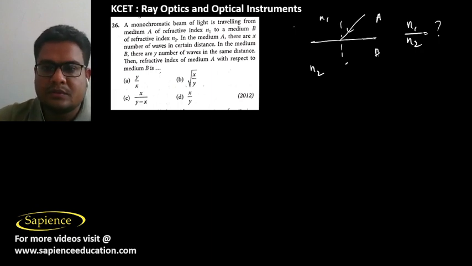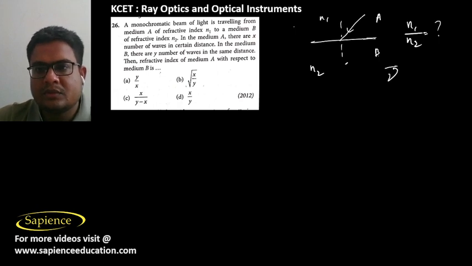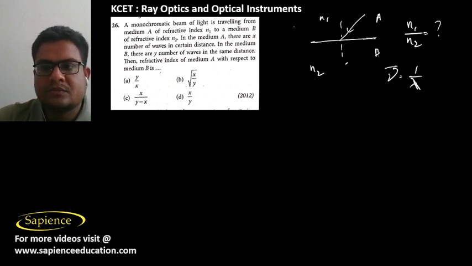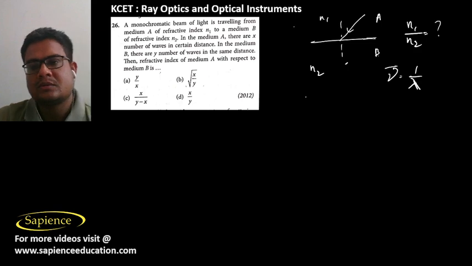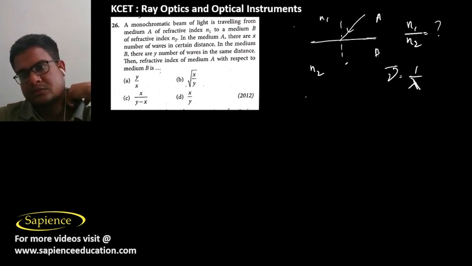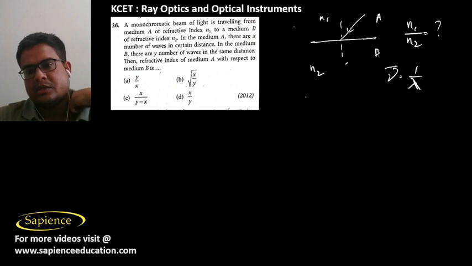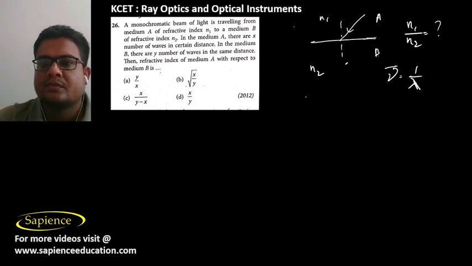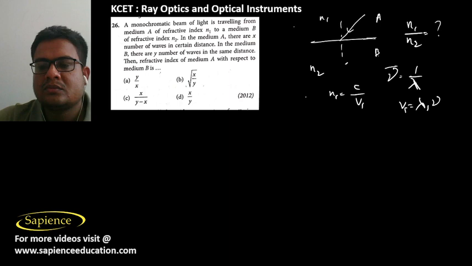So wave number is 1 by lambda. So we know that n1 by n2 is how much? n1 is equal to c by v1. v1 is equal to lambda 1 into nu, and v2 is lambda 2 into nu.